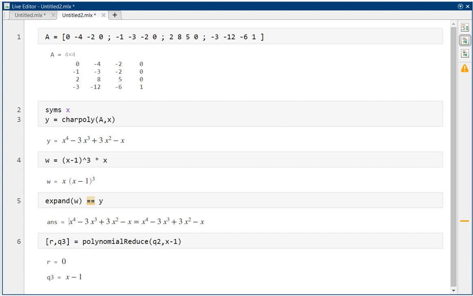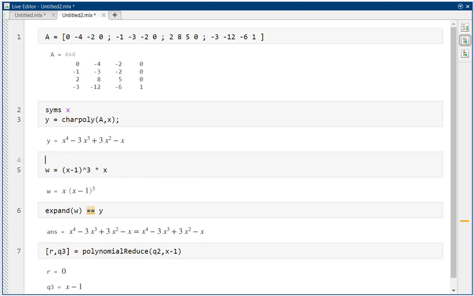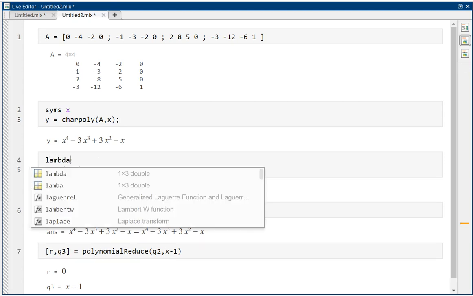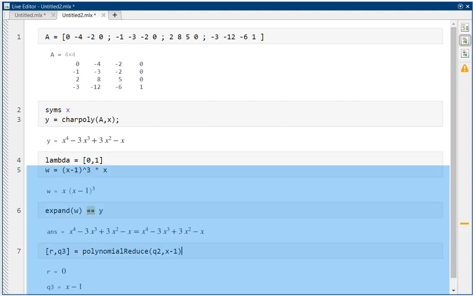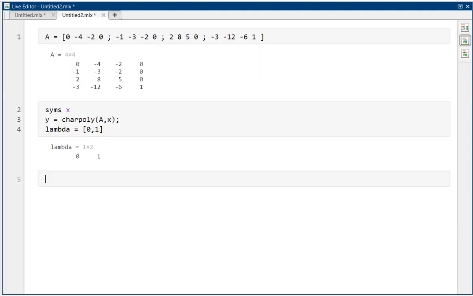All right, so we have the correct factored form, but now the interesting thing is that we know that our lambdas, there's just two of them, and 0 and 1 are the only ones we got. Okay, so let's get rid of all this. And so what are we going to do now?